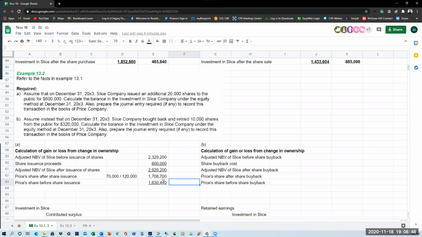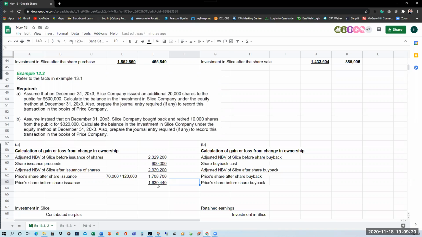Now, bottom line here, if the investment account balance has gone up, does that represent a gain or a loss? I know we won't record it as a gain or a loss, but in common parlance, does this mean a gain for Price or would this mean a loss? If Price's investment value goes up, is that a gain or is it a loss?